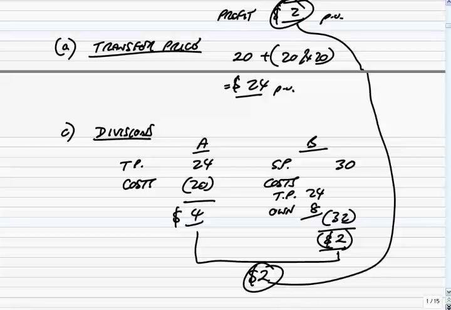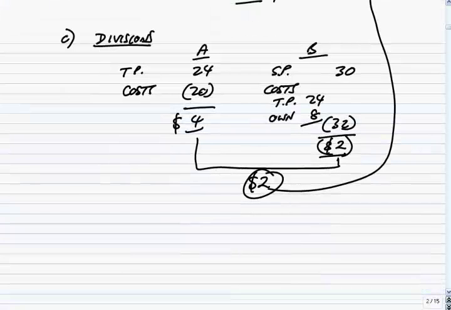However, there is one huge problem here. We've given the managers autonomy, the authority to make their own decisions. And the problem is, Manager B, if they deal in this product, they're going to make a loss. And so Manager B surely is going to refuse to deal in the product. It won't mean B closes down.